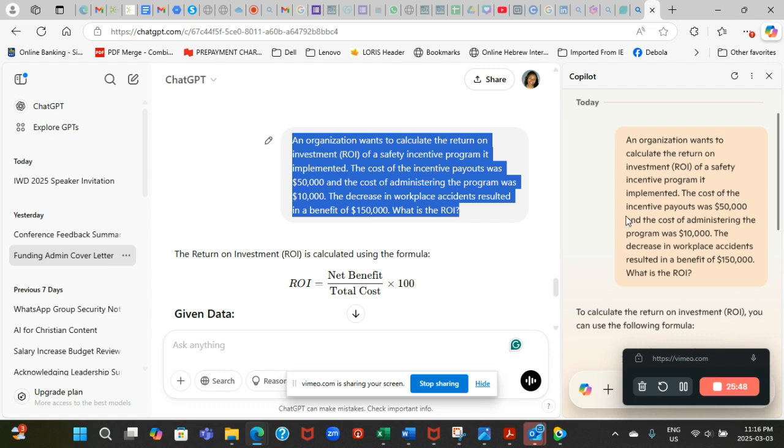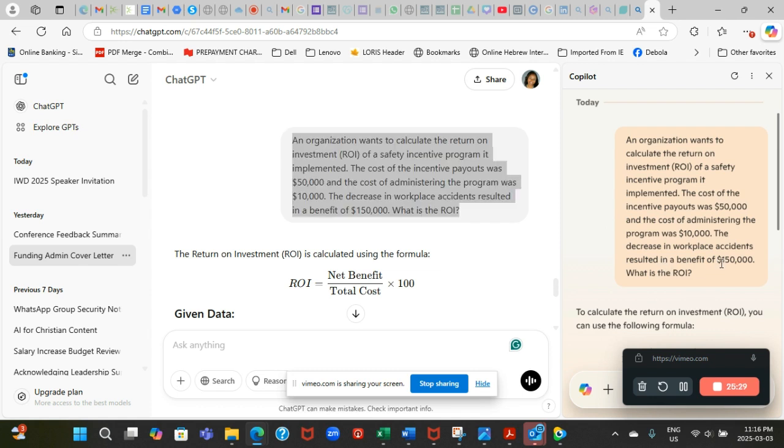My practice test says it's 150, which aligns more with ChatGPT, which, when I look at it, aligns more with what it actually is. However, it could be argued that it had already calculated the net benefit as 150,000, so it had deducted all of the other costs from it, or CoPilot is just wrong. What are your thoughts? I don't know.